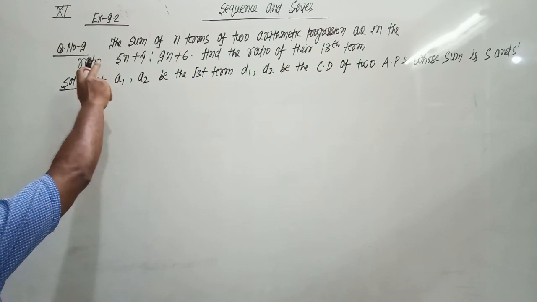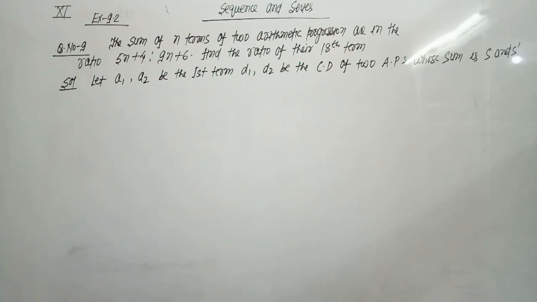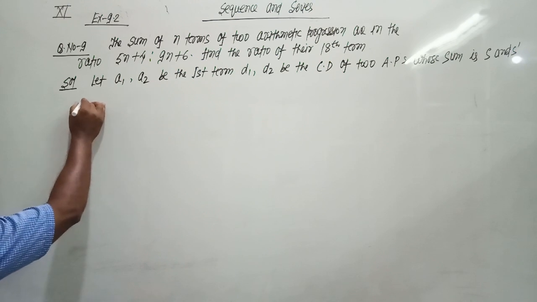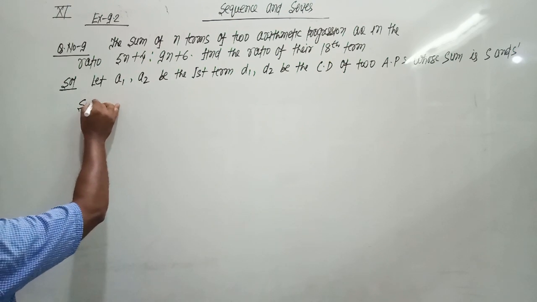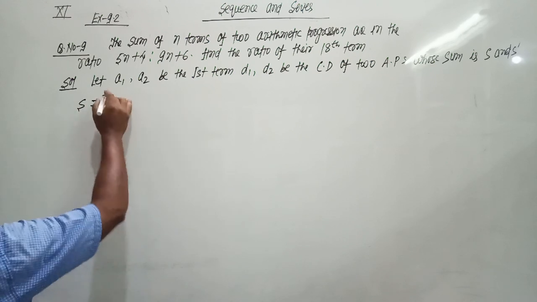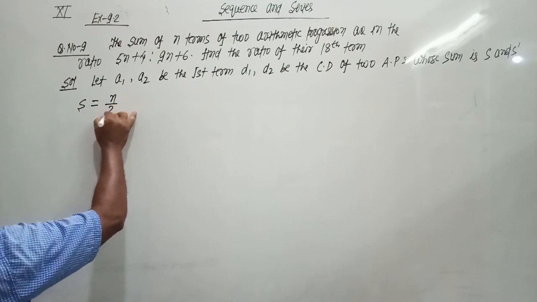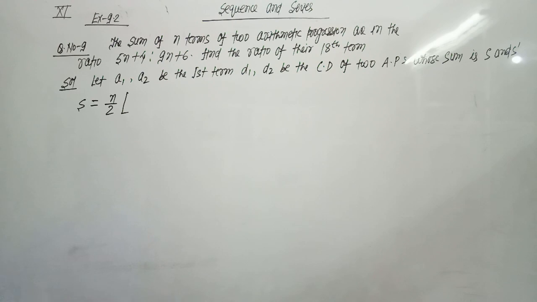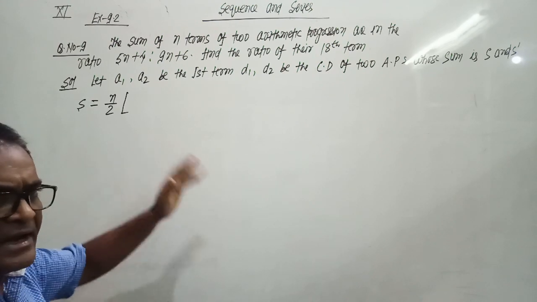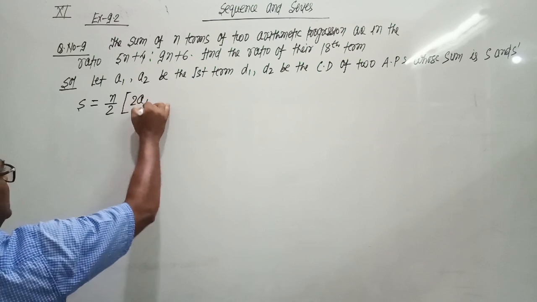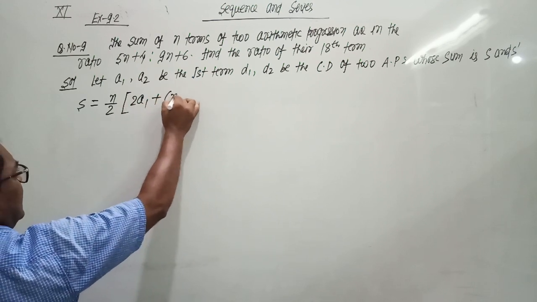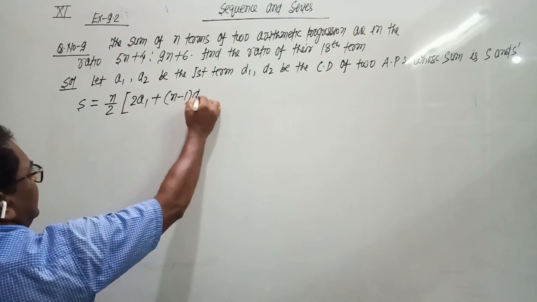We are given the sum of n terms of two arithmetic progressions are in the ratio. So first we calculate the value of S. S equals n by 2, since in both the APs there are n terms, n by 2 into 2A1 plus n minus 1 into D1.